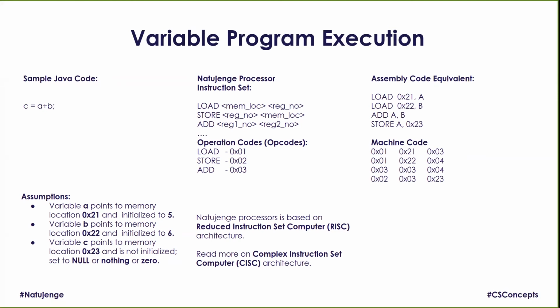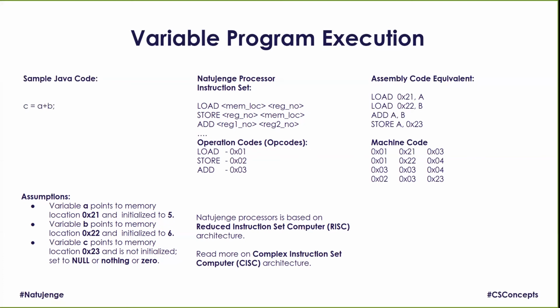So the first thing is, in our instruction C equals A plus B, we're going to load data from memory location 21. We already know that A points to 21, and we put it in register A. Then we load the data in memory location 22, and we load it in register B. Please note that the A and B here are just coincidence.